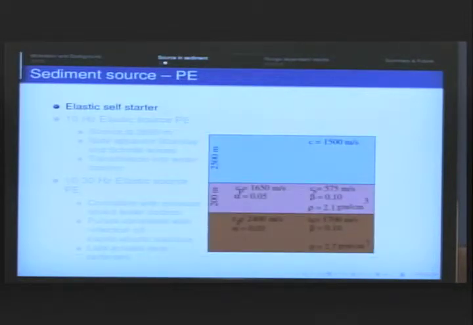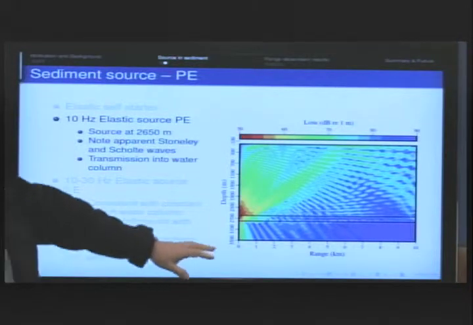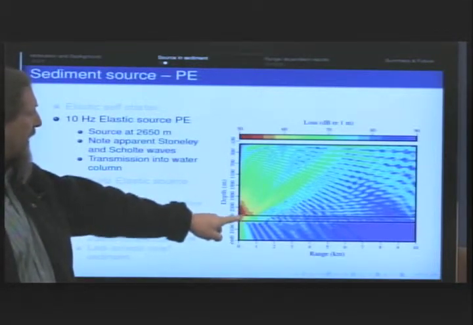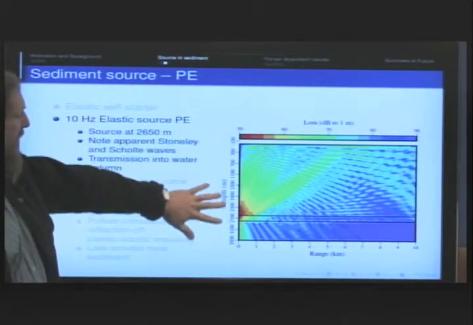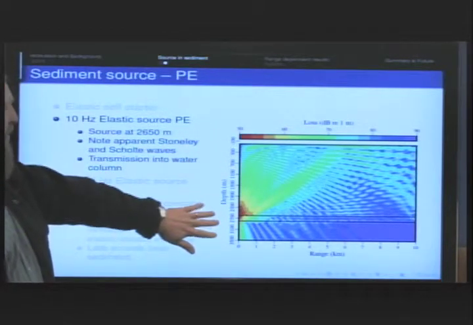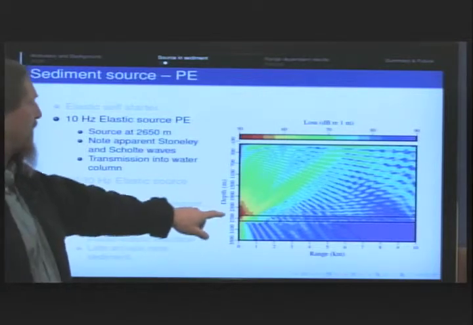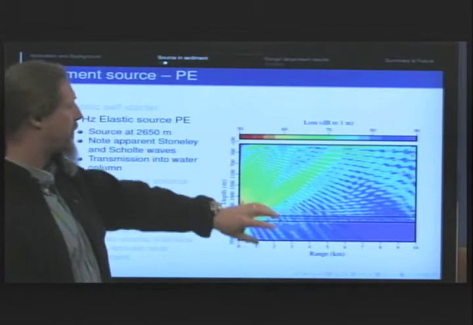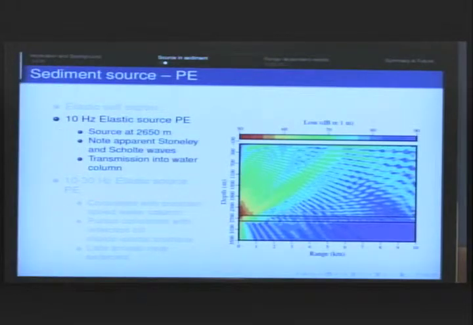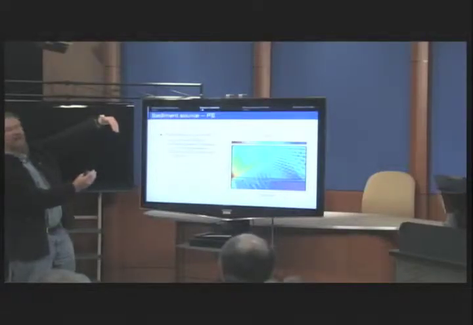All right, so this is a picture. We have an acoustic source right here, sort of deep ocean. The red parts are loud acoustics, and the purple parts are not loud. What we do is we break up this very simple, flat-bottomed ocean into a grid.